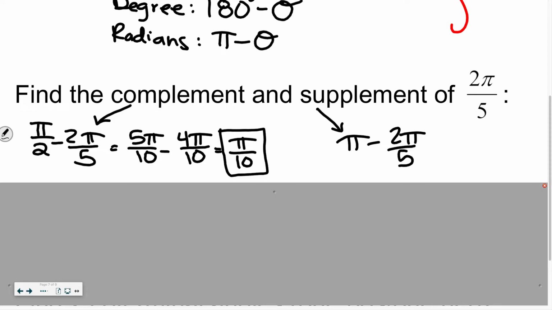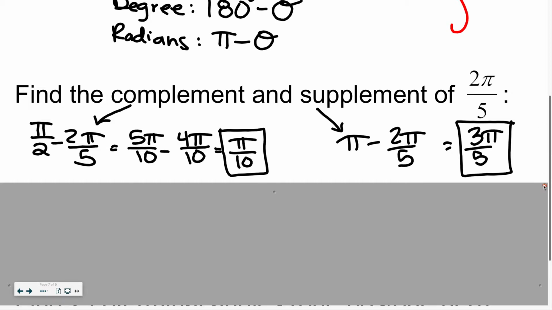I have how many pi's left over? 3/5. Okay, so I don't work too hard there. 3 pi over 5. That's still positive, so it's good. If I add 3 pi over 5 and 2 pi over 5, they'll equal pi, the sum of supplementary angles. So it all works out.